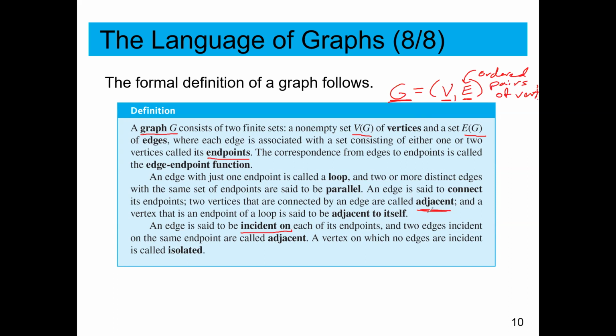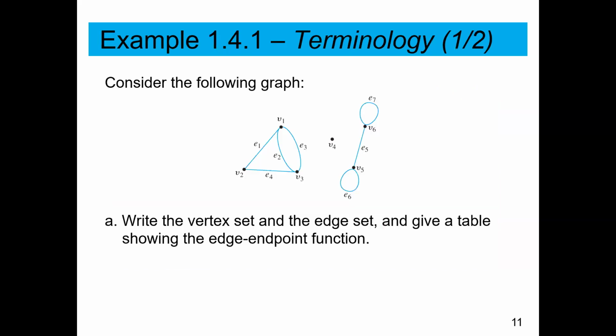So those are some key things. An edge connects two things. We talk about a vertex as being isolated if it has nothing, and vertices are adjacent while edges are incident. Yes, these are keywords. Write them down, make a note. They're kind of important. So let's look at an example and understand this a little more.